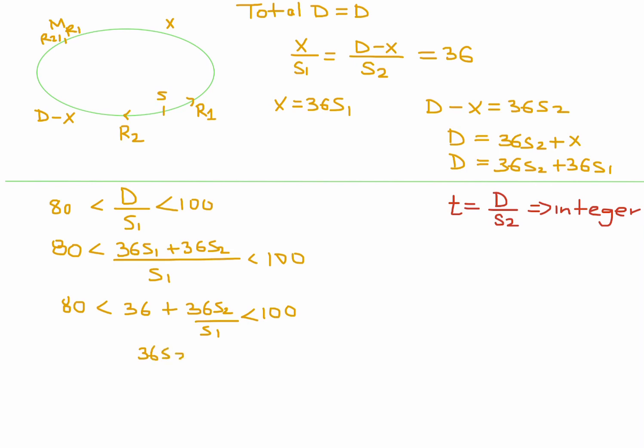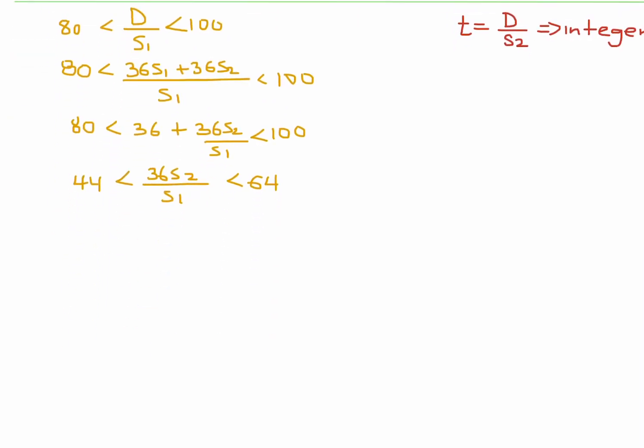Bring the 36 over to the other sides, and you'll get 64 here and 44 here. Now divide both sides by 36, and you get S2 over S1 is between 44 over 36 and 64 over 36.